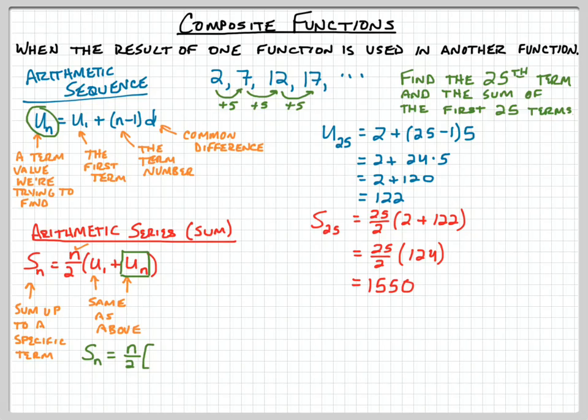So as we rewrite this, we can say n over 2 times u of 1 plus u of n, and u of n, as noted above, is u of 1 plus n minus 1 times d. We can just plug that into our series formula and simplify: n over 2 times 2 u of 1, because we add them together, plus n minus 1 times d.